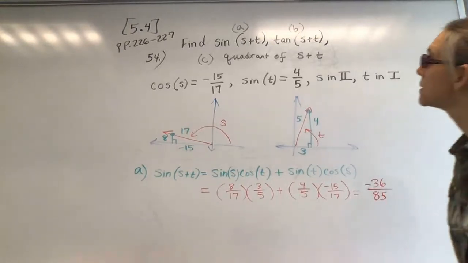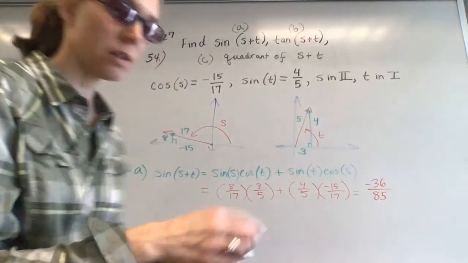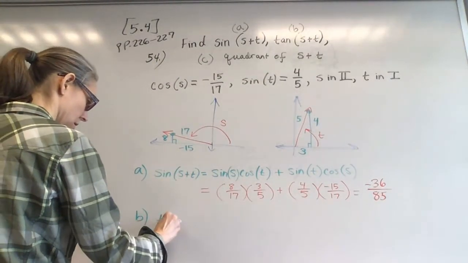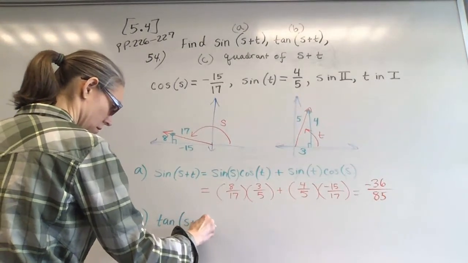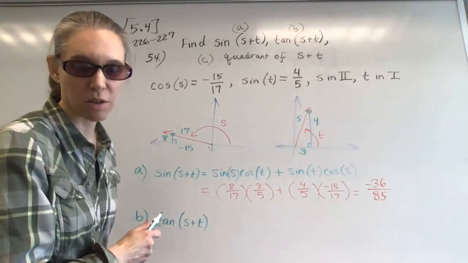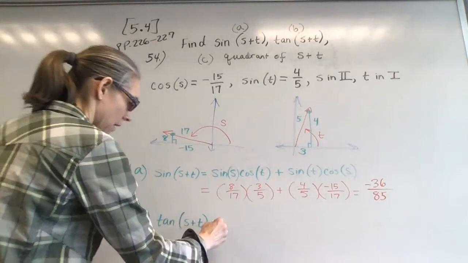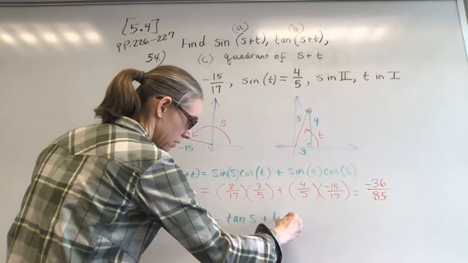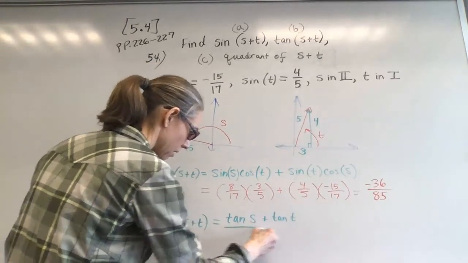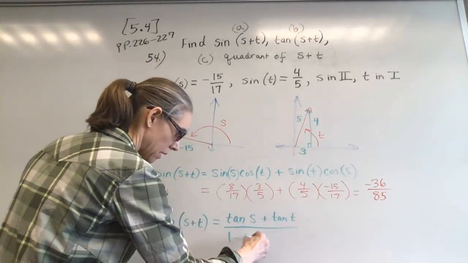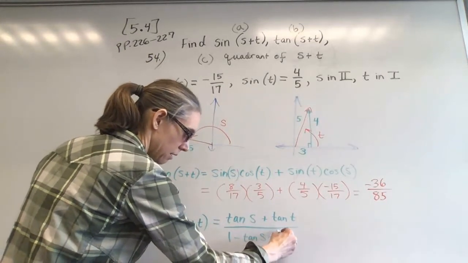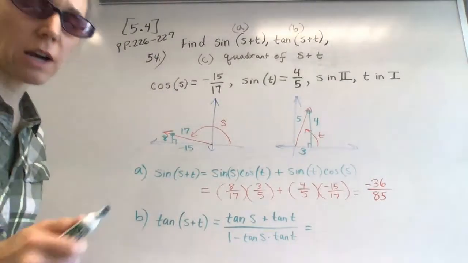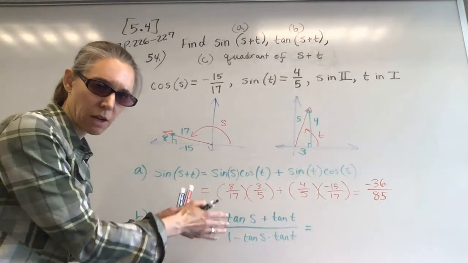Okay, next, the tangent of S plus T. So much nicer when you don't have irrational numbers, right? Tangent of S plus tangent of T over 1 minus tan S times tan T. It's worth copying this. Now, you may say, why am I copying the formula?